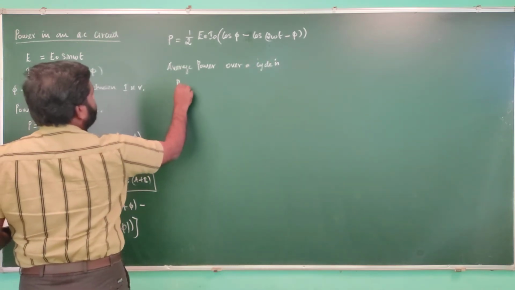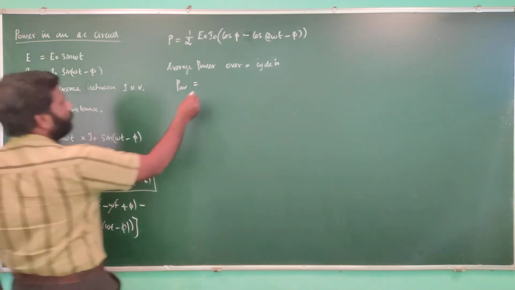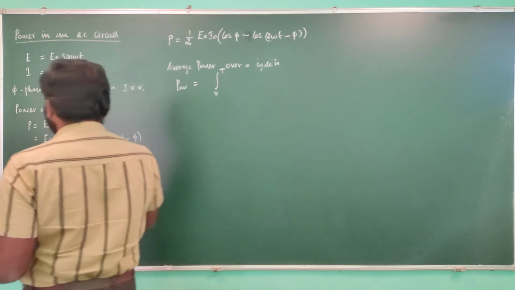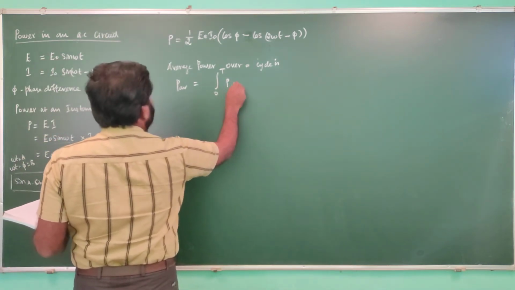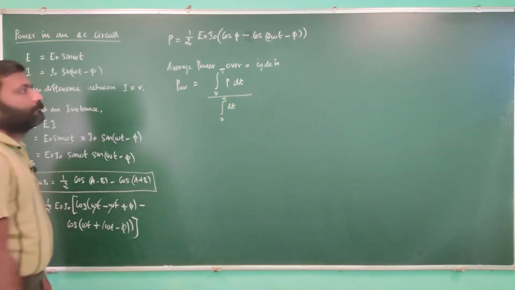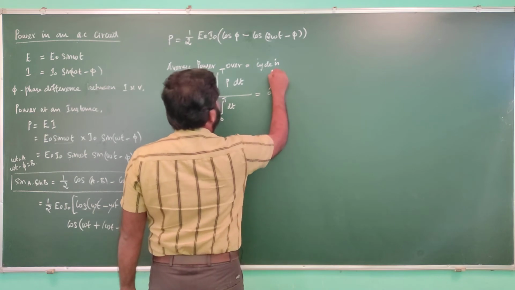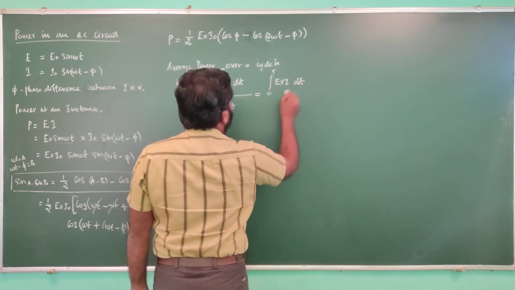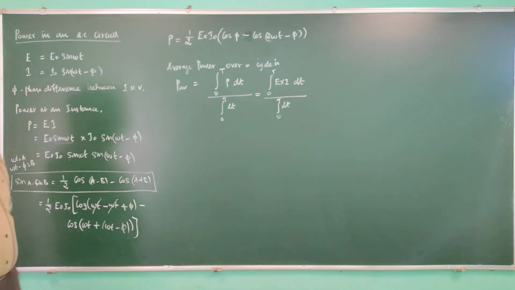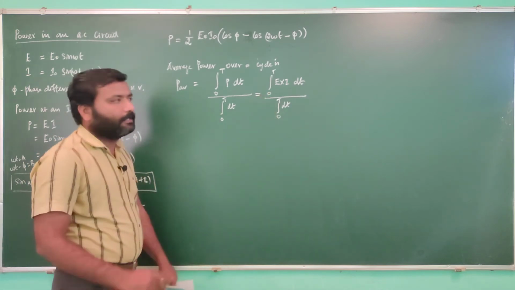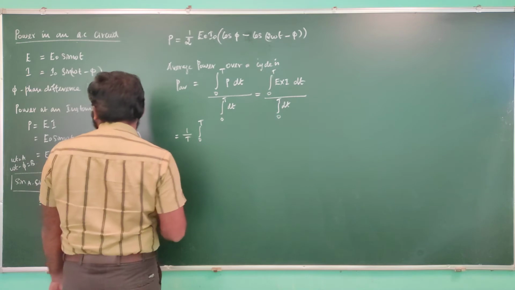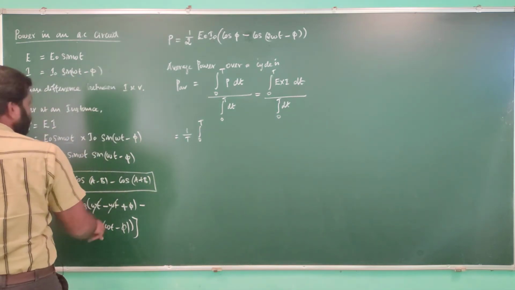We can write P average, that is nothing but the integral from 0 to T of P at any instant into dt, divided by the integral from 0 to T of dt. The integral of dt becomes small t, and if you apply the limits it becomes capital T. So you can write 1 by T integral from 0 to T, where this P becomes 1 by 2 E naught I naught, this term.